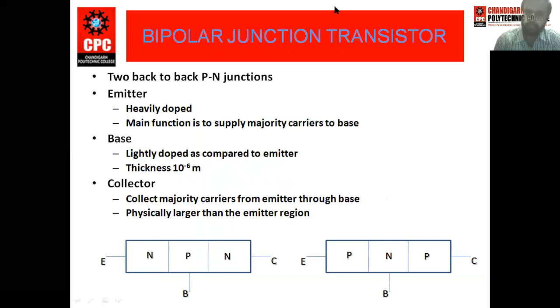For example, as shown in your display, suppose this is your first diode connected back-to-back with your other diode. This is your P part, this is your P part, and this is your N part. With the help of this connection, the transistor formed is named the PNP transistor.